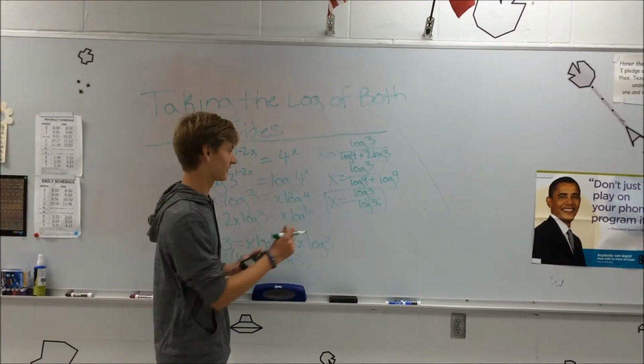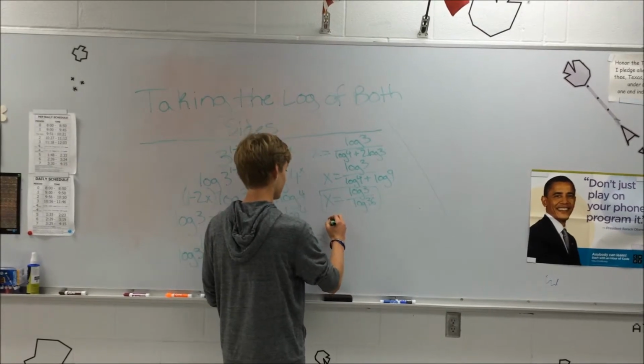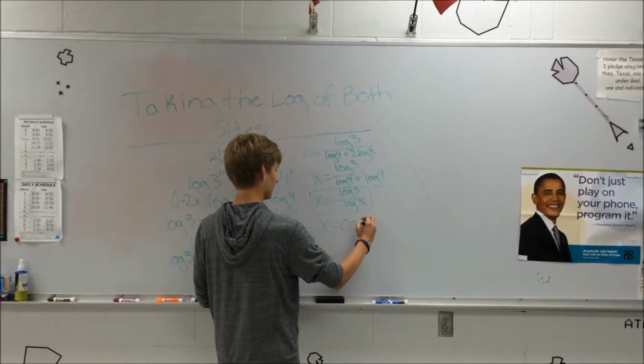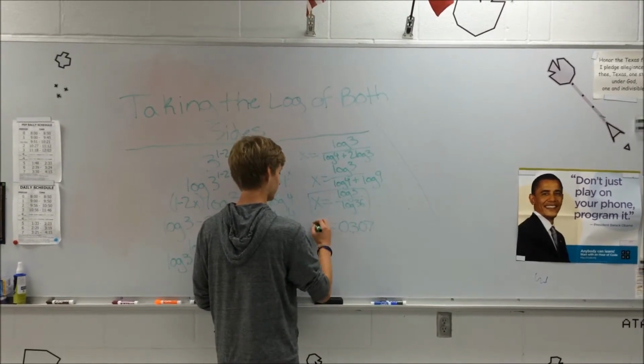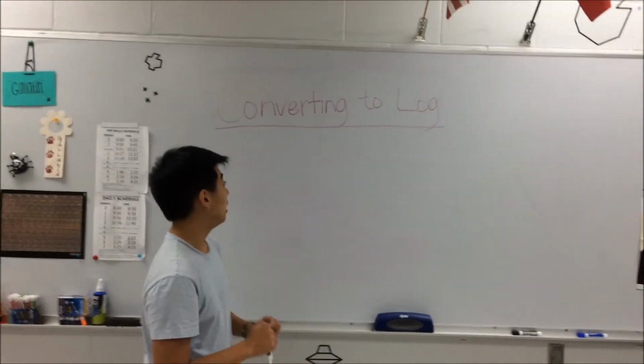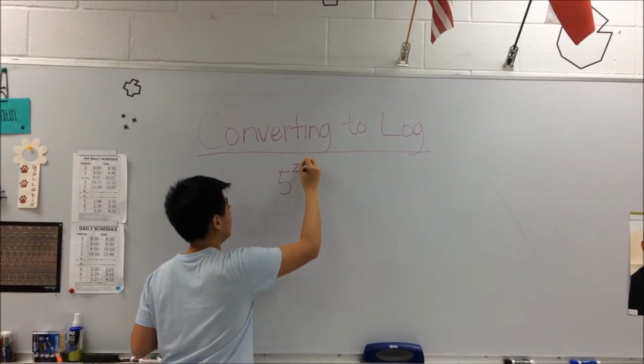So if you were to plug this exact answer into the calculator, your approximate answer would be x equals 0.307.